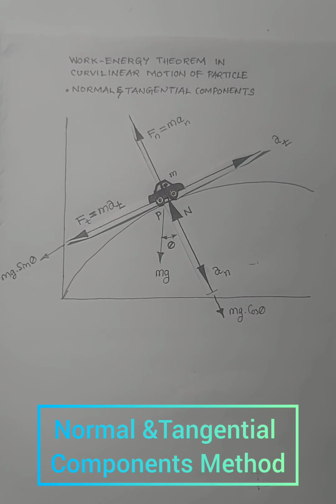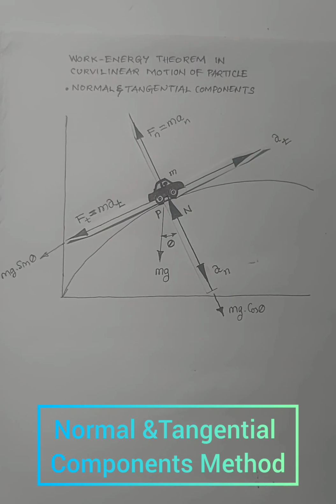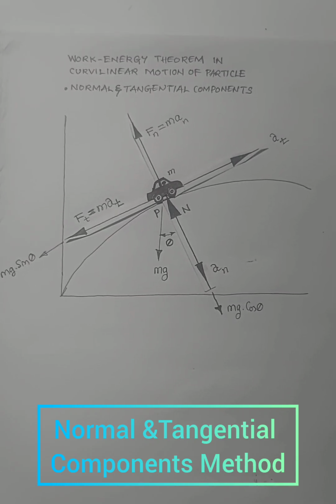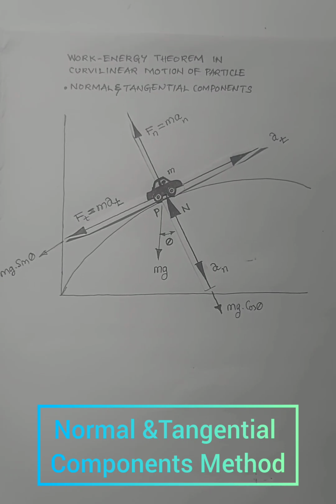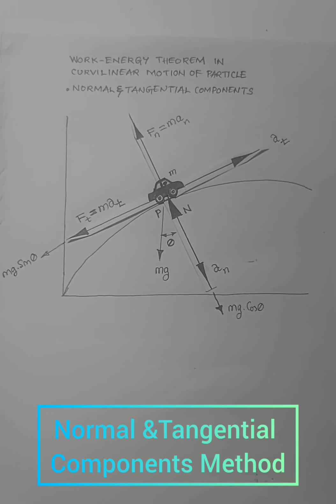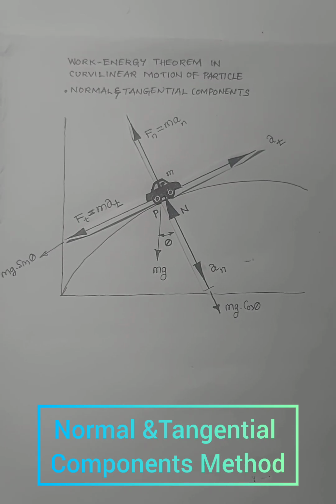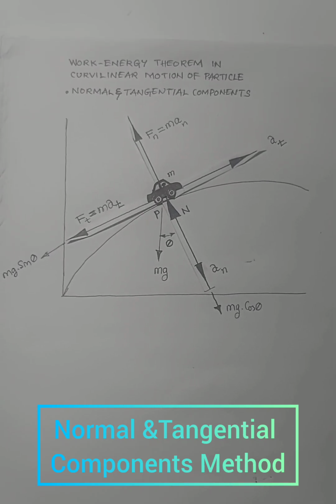At the same point P on the trajectory, the weight of the particle, which acts in the downward direction, is indicated as mg. It is inclined at theta with the normal reaction force.